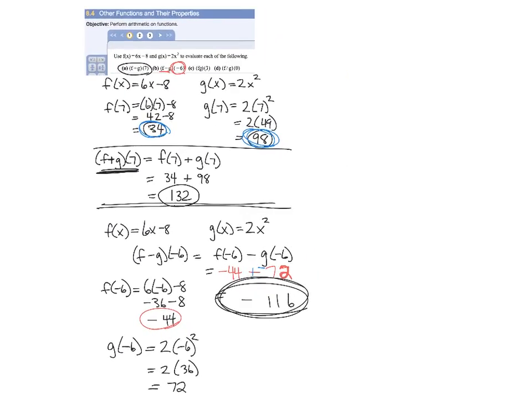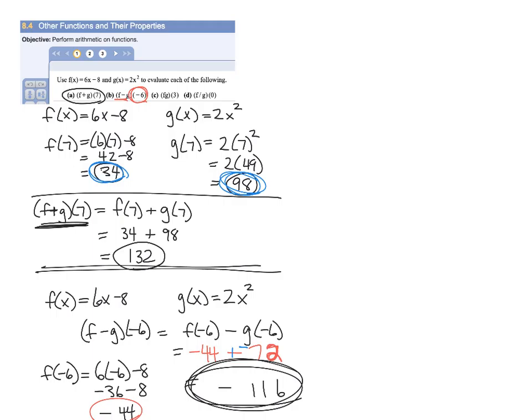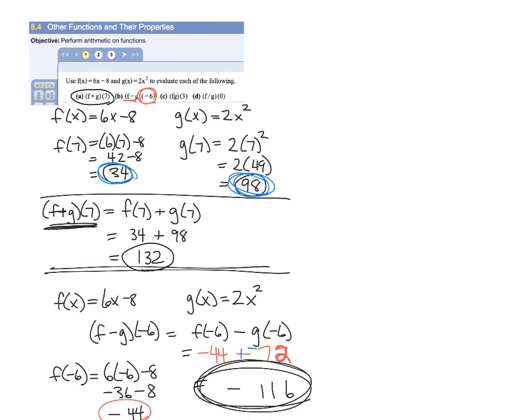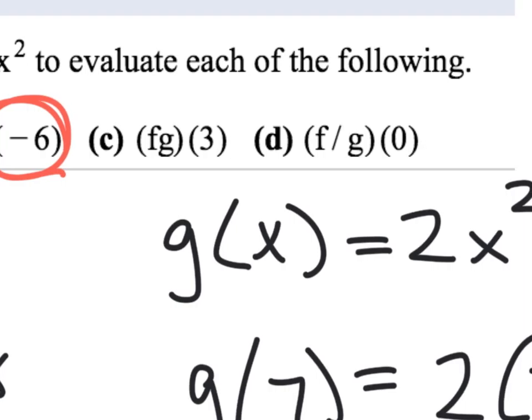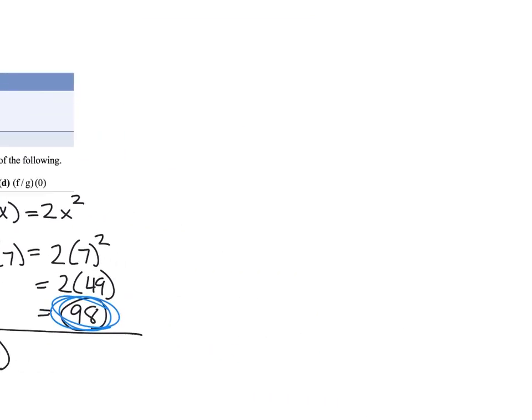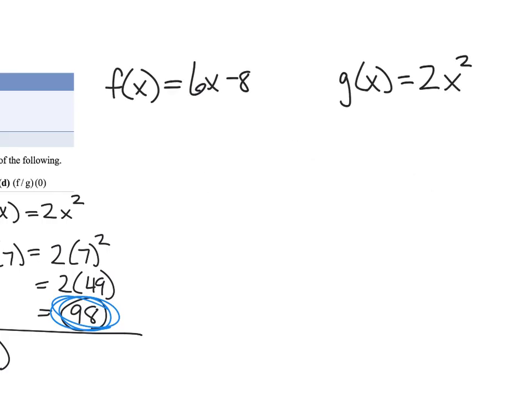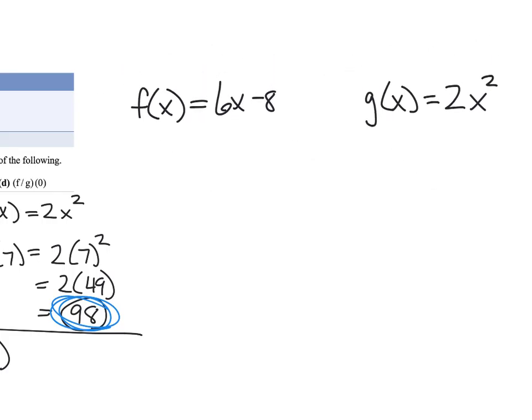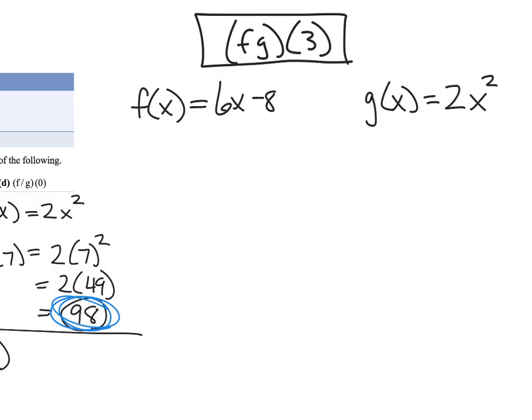All right, we're going to keep going on this. We've got a lot of work to do. Now we're going to do fg of 3. I'm going to paste in my two formulas. What does fg of 3 mean? It means we're going to multiply. We find the two values when x is 3, and then multiply them.